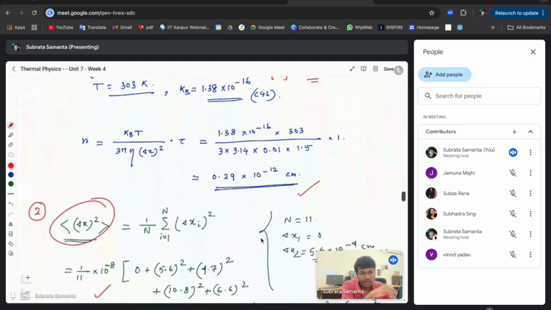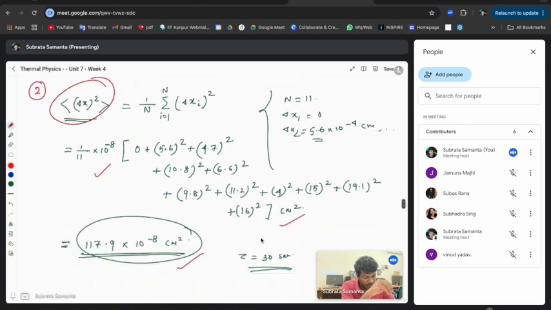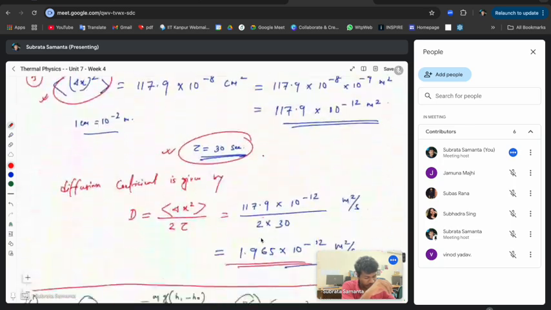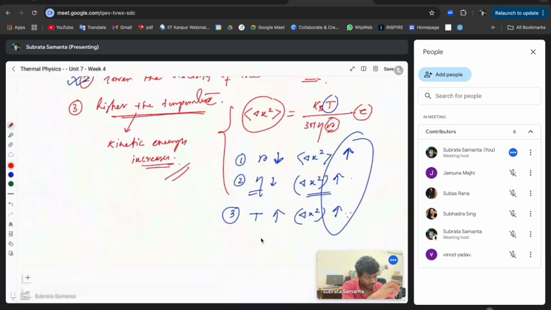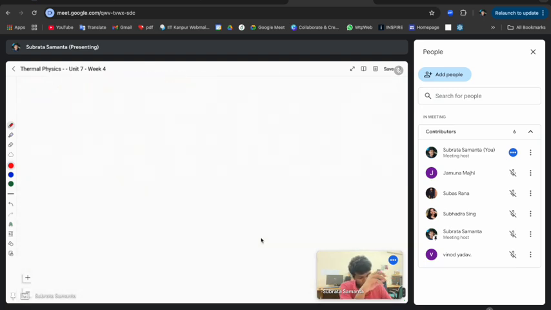Since there are already about 30 minutes left, I'll discuss some basic concepts about Brownian motion. So what is Brownian motion and how is it related to the diffusion equation? That is very important. Basically, Brownian motion is a random, irregular movement.